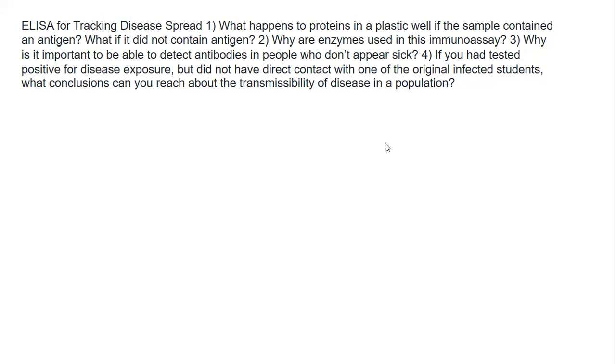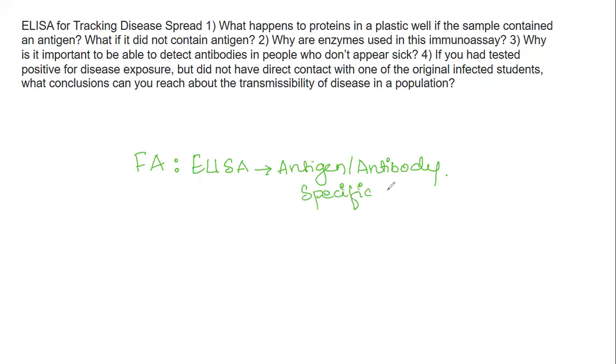Now, as a final answer, ELISA is a laboratory technique to detect specific antigen or antibody produced by an infected person on being affected by a specific disease. This technique can be used to control the spread of a specific disease.